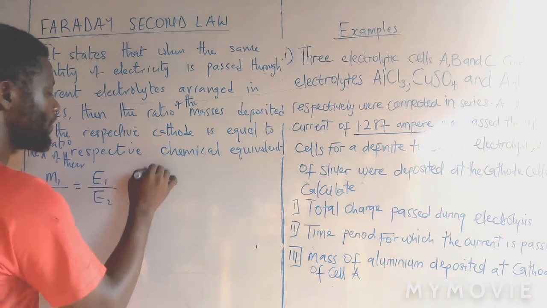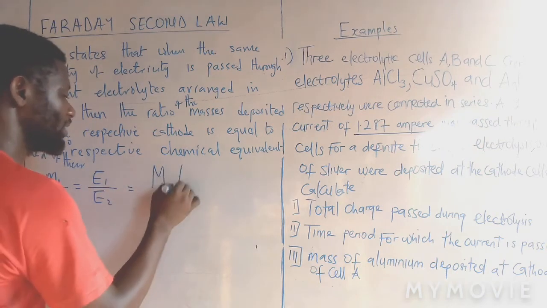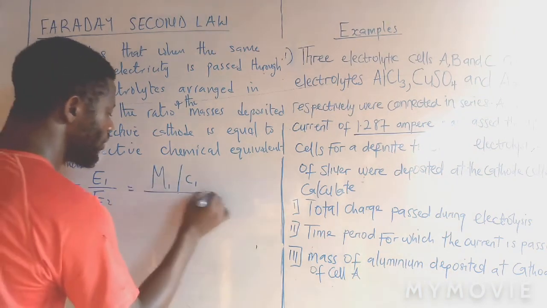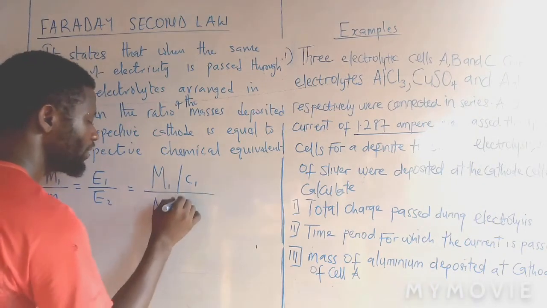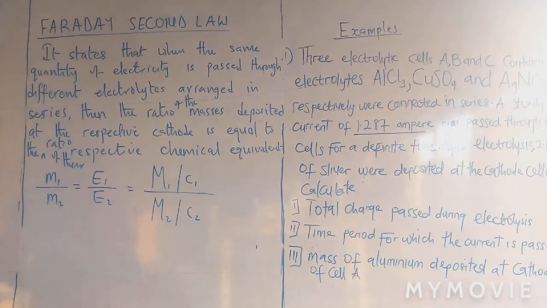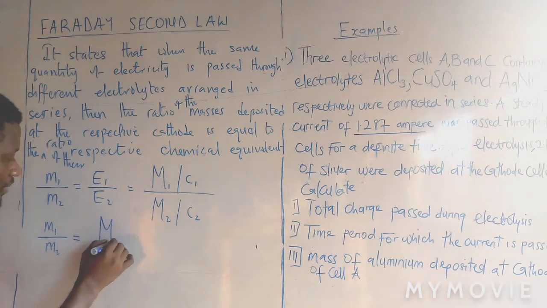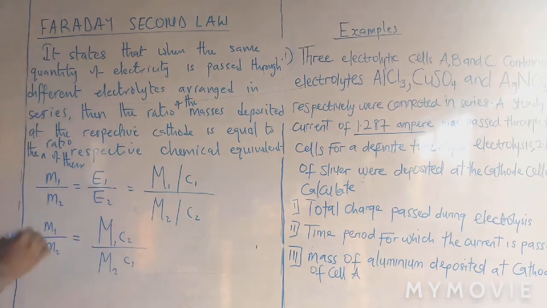So we have molar mass 1 divided by charge on the ion over molar mass 2 divided by charge on the second ion. From here now, we can argue that M1 over M2 is equal to molar mass 1 C2 over molar mass 2 C1. So this is the formula that we need to memorize for the second law.